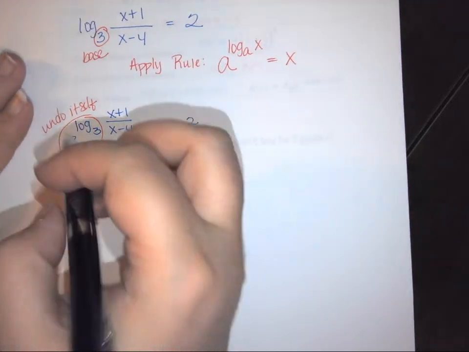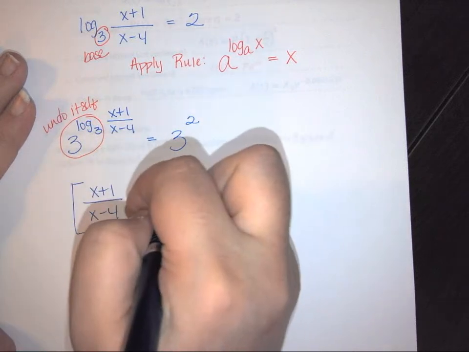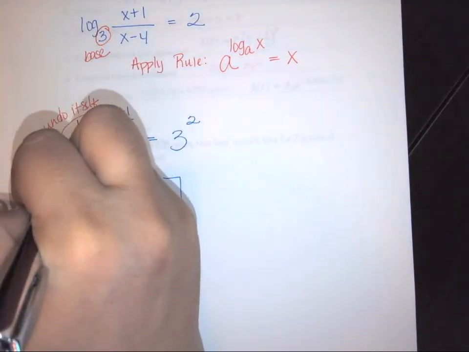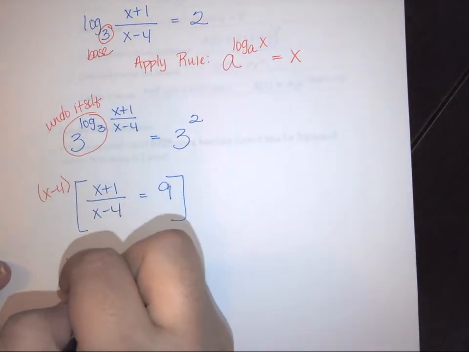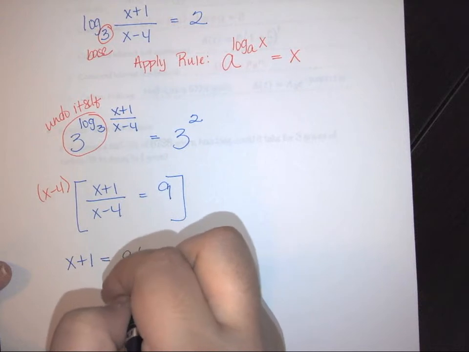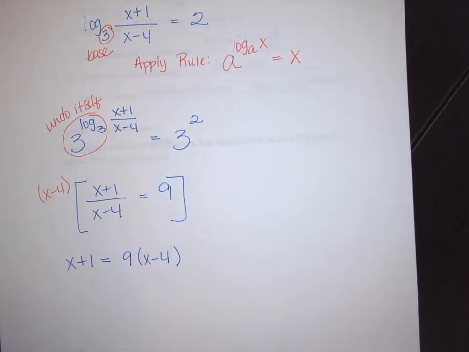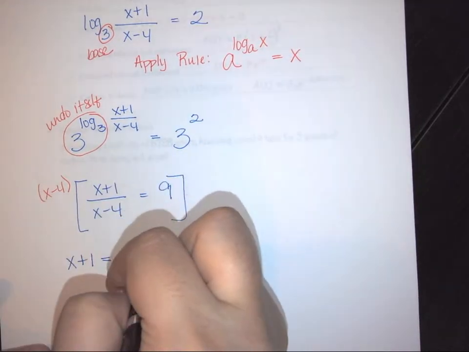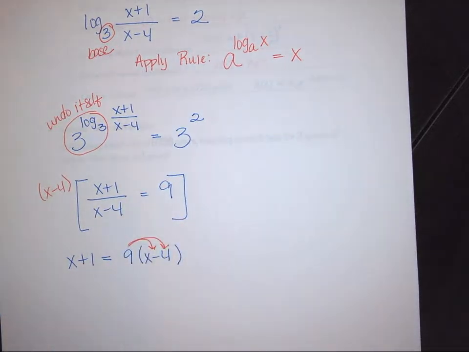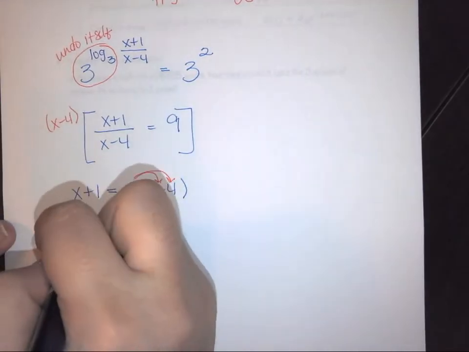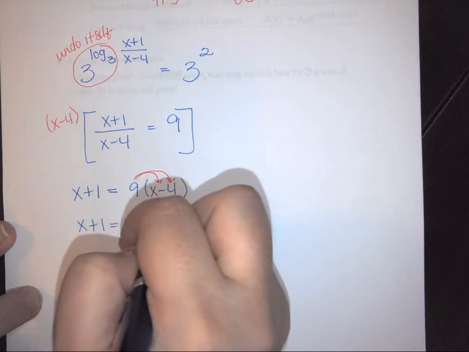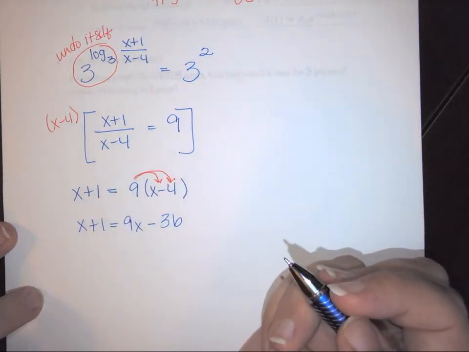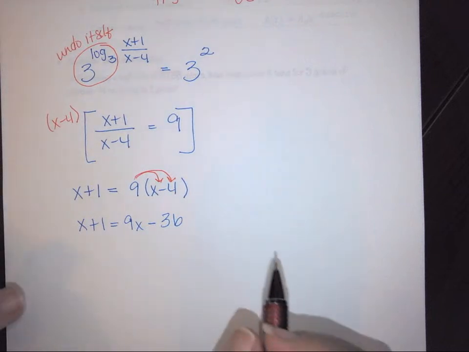So to do that I need to multiply both sides by x minus 4. So this leaves me with x plus 1 is equal to 9 times x minus 4. Distribute your 9 into both parts. So you get x plus 1 is equal to 9x minus 36. And then I need to do a little magic.